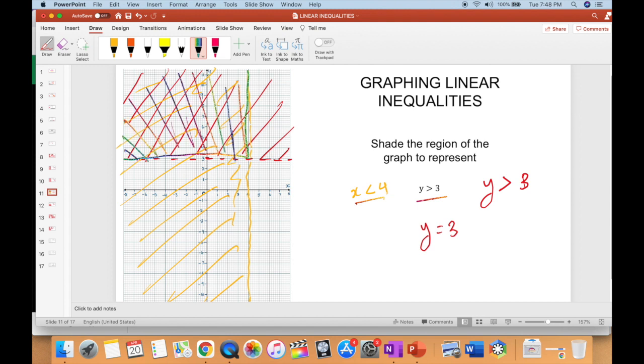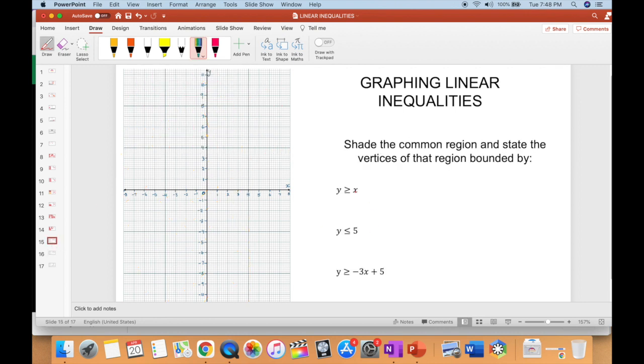So you can see that this is the region that is common for both of them. So that is what you have to do for this question. You have to actually draw all 3 lines, shade all the regions for each line, and see which portion is common to all 3 of them. So I'll give you 5 minutes to do this.